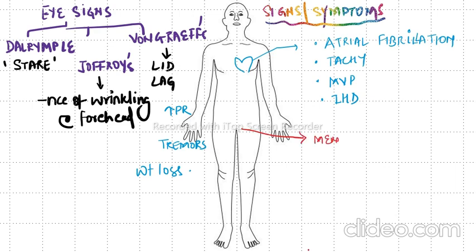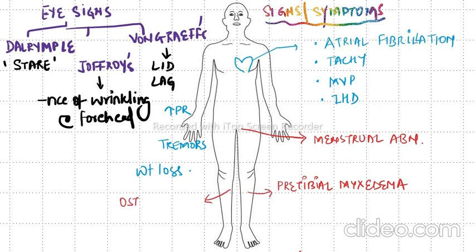Menstrual abnormalities, pretibial myxedema, osteopenia, and exophthalmos. In menstrual abnormality, you can remember amenorrhea.